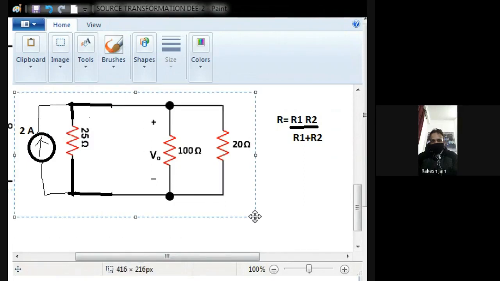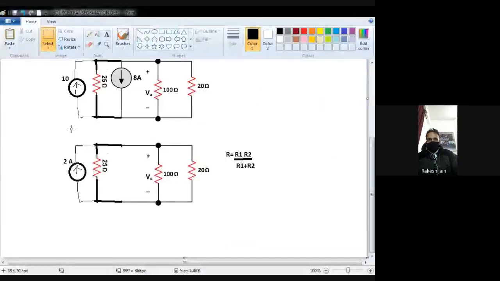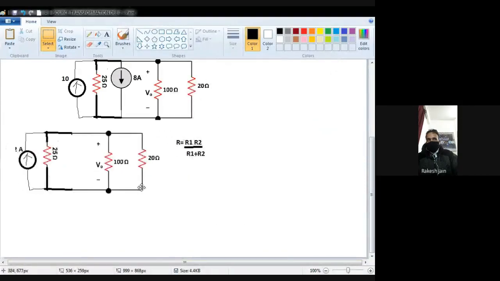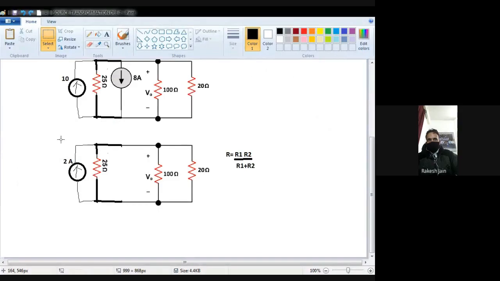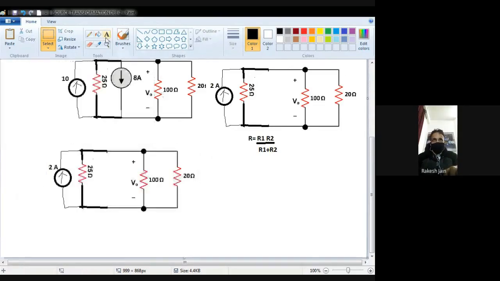So I just draw this circuit again one time. Kindly wait. Now see, this 2 ampere, the rest of the circuit is the same.